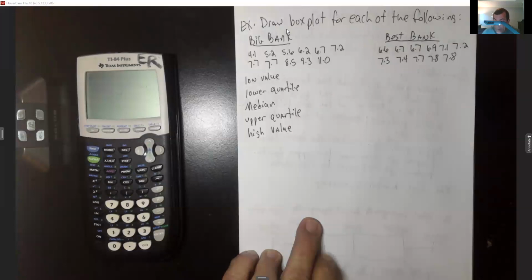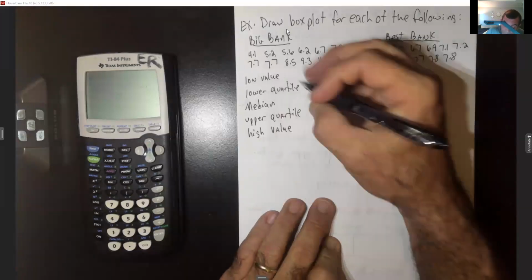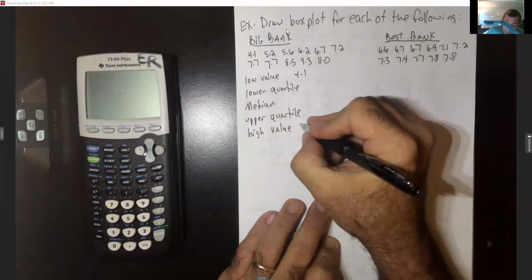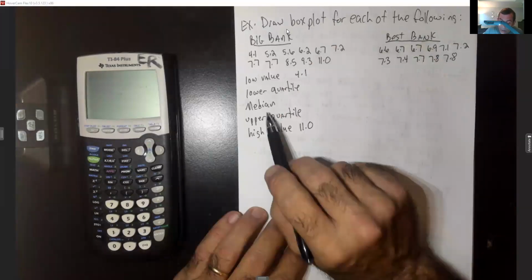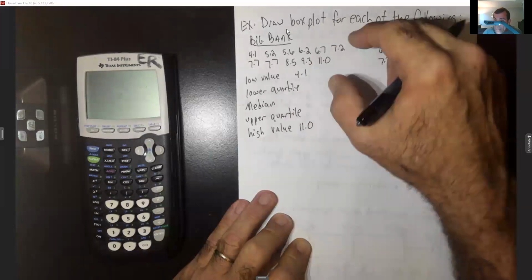So I got the low value. These are in numerical order here. So the low value for this one was 4.1, and the high value was 11.0. Now let's find the medians. So the whole data set had 11 data points.